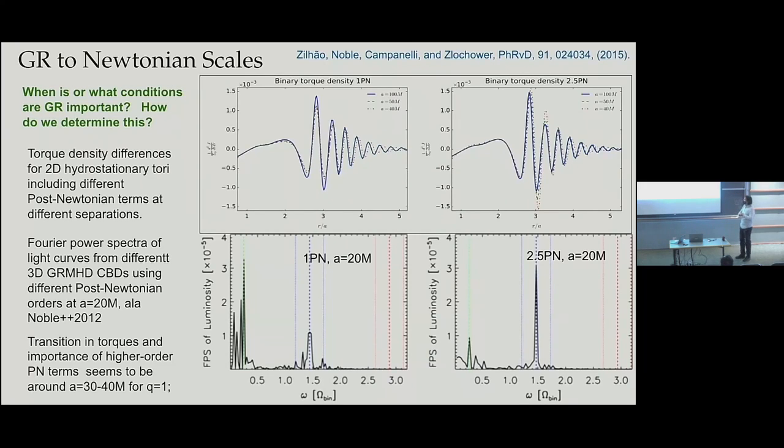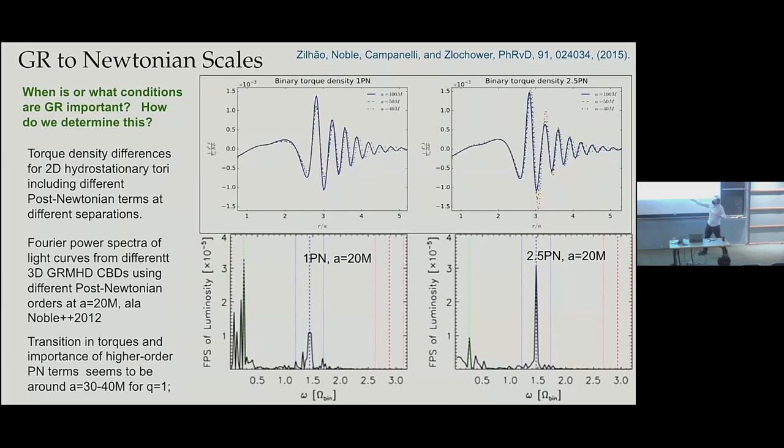And so when is GR important? Is it ever important in the binary disk problem? So we've explored how things change with separations. The different curves are at different separations. Blue is 100 M, then 50 is green, 40 is red. We can also turn off the higher order terms of the post-Newtonian expansion that we use for the spacetime.